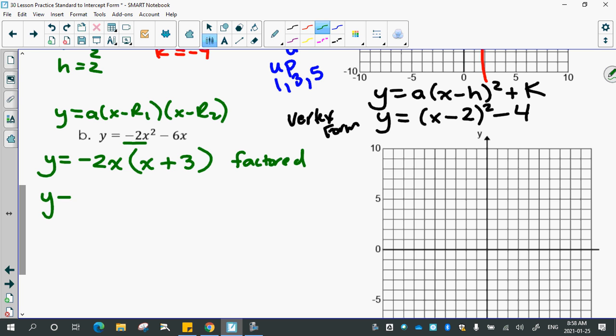So we just have to exaggerate this a bit, keep the -2 by itself, put this first x into a bracket with a -0, and keep the second one, and now it matches that intercept form.